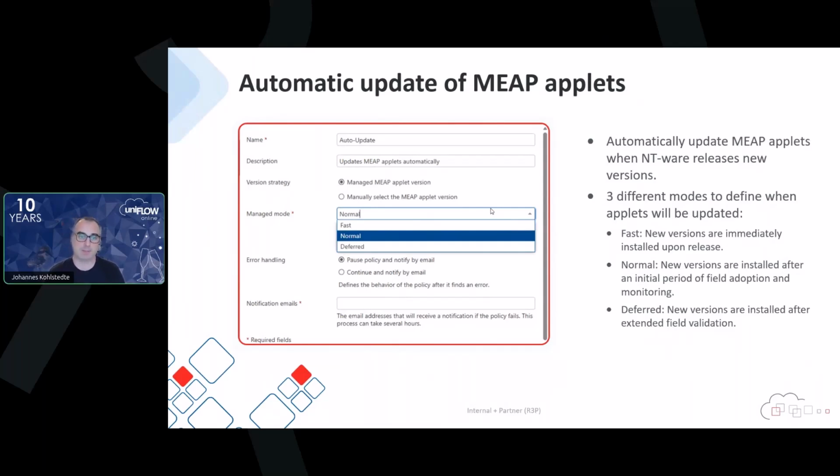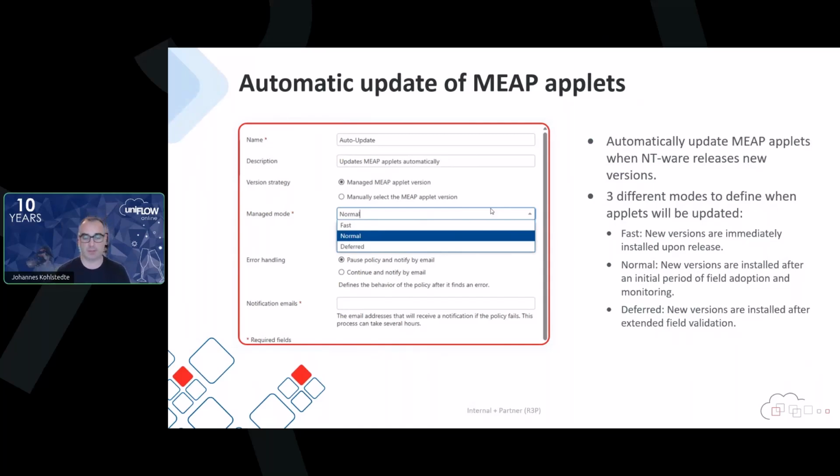But administrators still have the chance to manage this. Either they can choose to have them installed right away once NTWare releases them, or the normal mode, which gives a bit more time to see if there are any issues after a certain period of field adaptation, or a deferred mode, which installs the new versions after a certain extended field validation time.